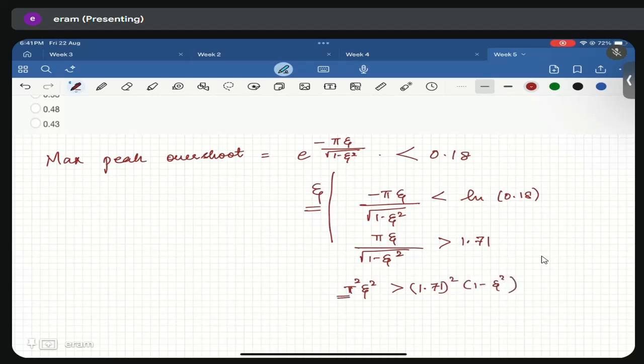You can put the value of pi square and solve for zeta square, and from there you can find out zeta.